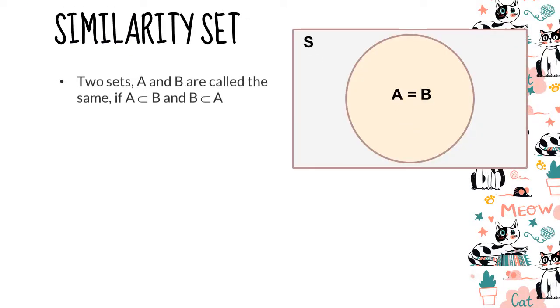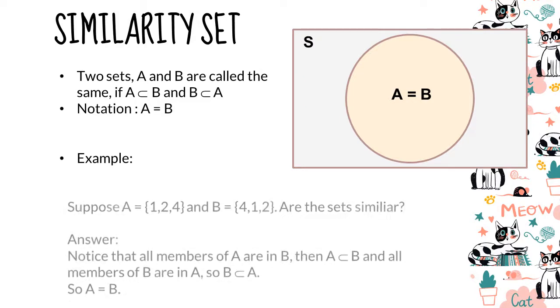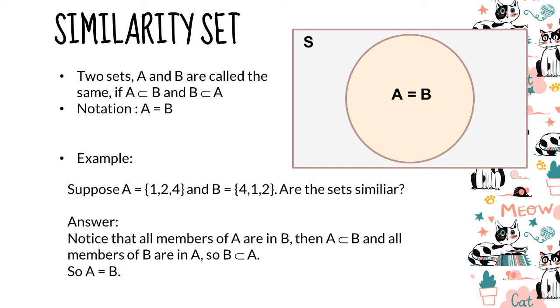Similarity of sets. Two sets A and B are called the same if A is a subset of B and B is a subset of A. The notation, A is equal to B. Example, suppose A equals {1, 2, 4} and B equals {4, 1, 2}.